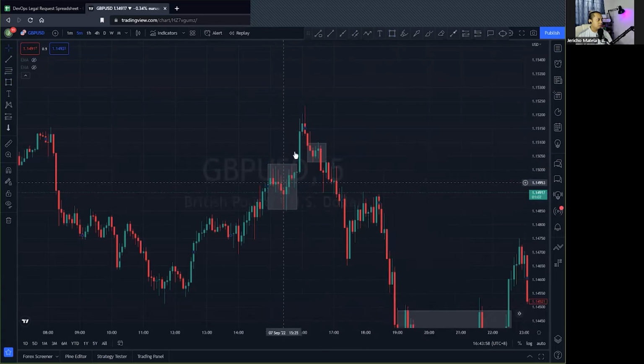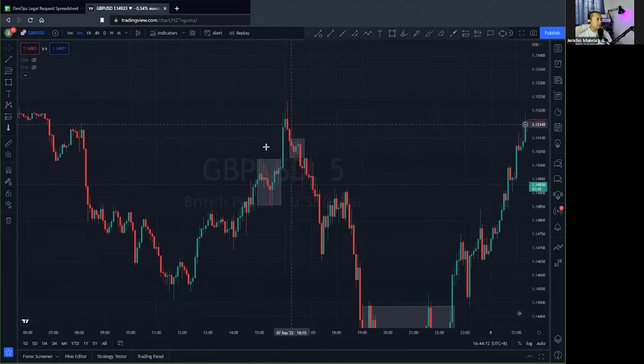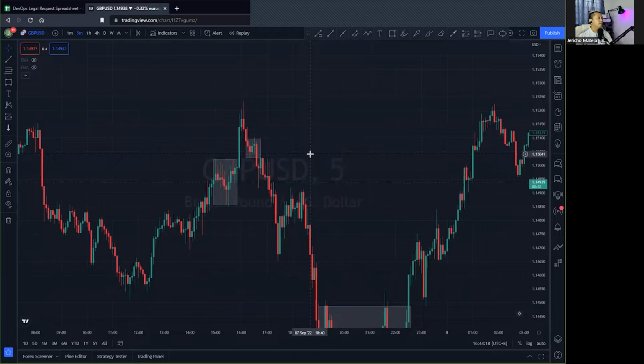So this one here is the consolidation that was before there was a peak, and this is the consolidation which is after, no, that was created after the peak. So for this kind of structure, I'm more concerned about these two in here, and they function just like any type of supply and demand zone.